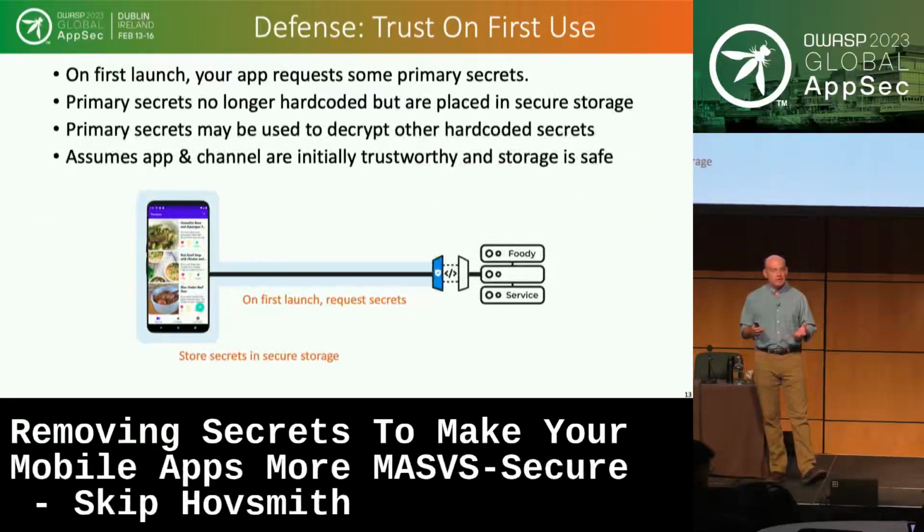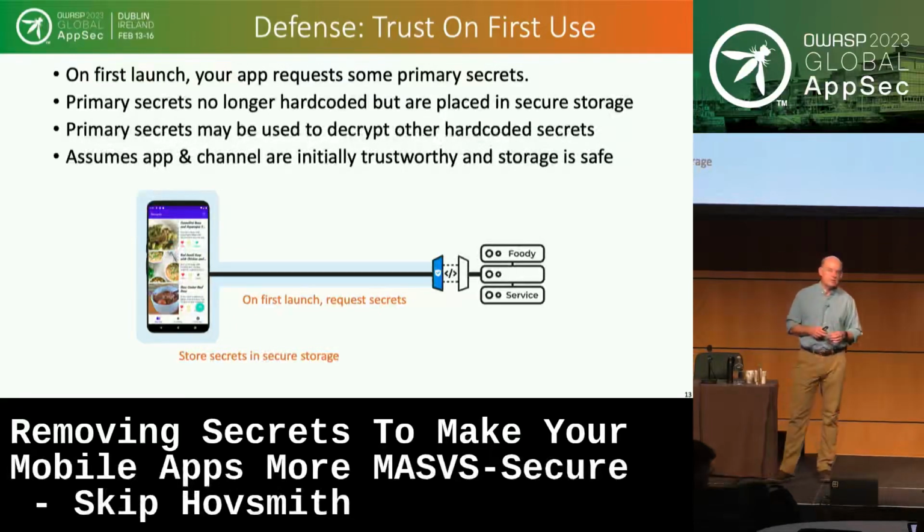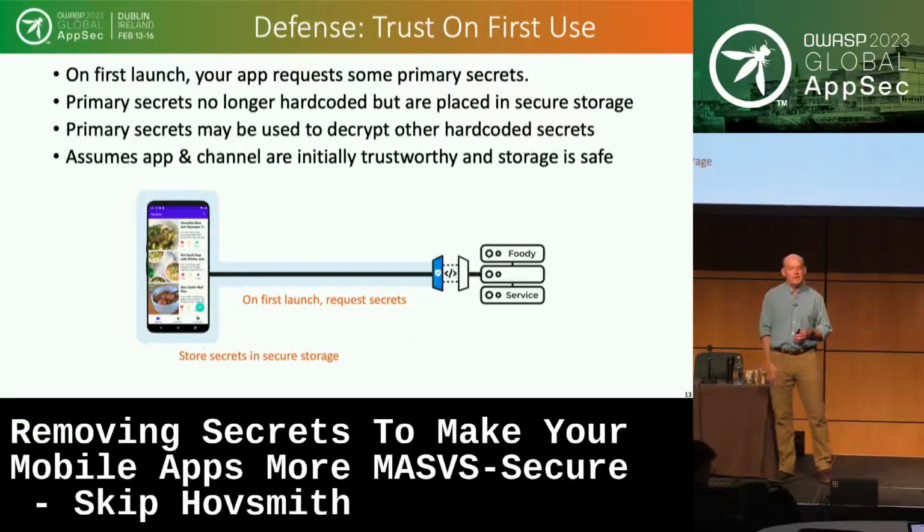Other defenses you might try, if you really don't want that secret hard-coded in the device, you could try and ask for it. And so trusting on first use, when your app is first installed on first launch, it might reach out to your service and ask, can you give me a few of the primary secrets? And it can then use those secrets, say, as decryption keys to decrypt other secrets you do have hard-coded but obscured inside your application.